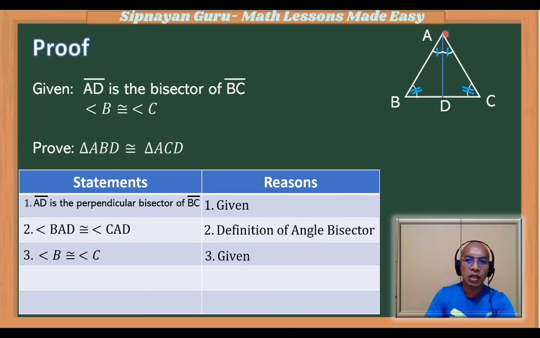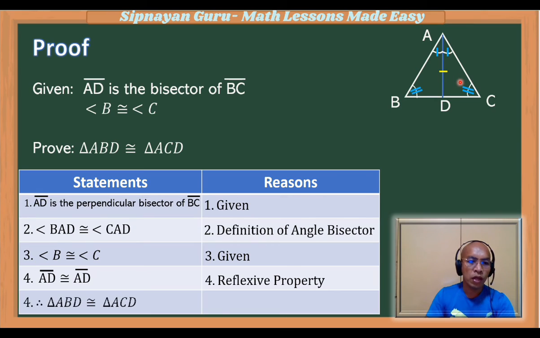Now establish that these common sides are also congruent. That is AD congruent to AD, by virtue of the reflexive property. So the two angles are congruent and the non-included side is also congruent in the two triangles. Then we can say that triangle ABD is congruent to triangle ACD by the angle-angle-side postulate.